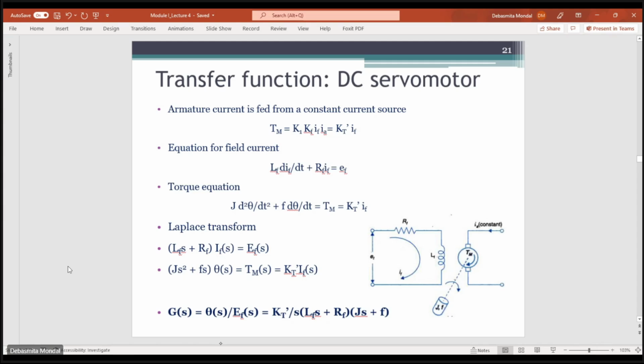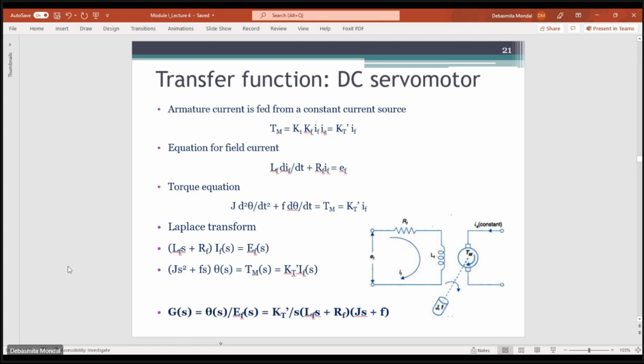In case of a field control DC servo motor, the output is the same: theta, the angular displacement of the motor, and the input here is the field voltage that we are applying, which is Ef. So the transfer function will be given by Theta(s) by Ef(s), and that is given by this term.